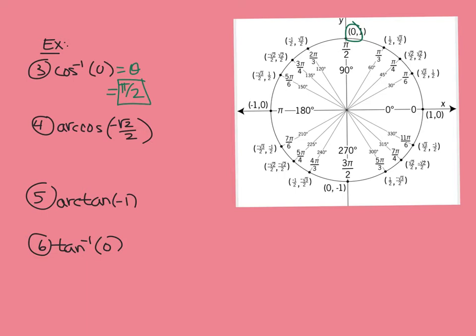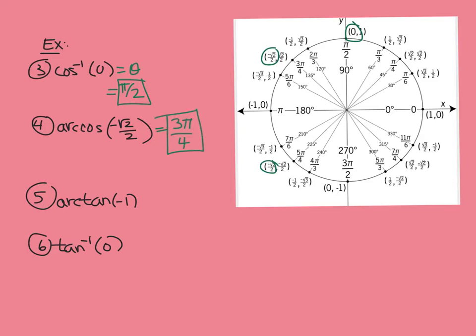So then the next one, I have arc cosine of negative radical 2 over 2. That occurs right here and right here, but again, we are only looking at values between 0 and 180 degrees, or 0 and pi. So that is going to happen at the angle of 3 pi over 4.